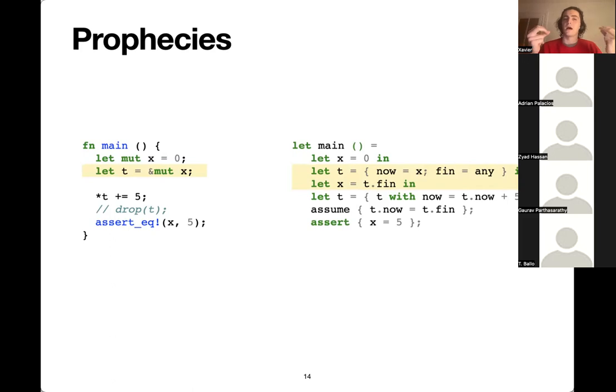So we don't believe it's possible to directly use prophecies to represent cells, but it is possible to have a different approach to translating cells that coexists with a prophetic approach. We've explored this a little bit, but the reality is there's still a lot of work to do on handling types with interior mutability in a prophetic model.